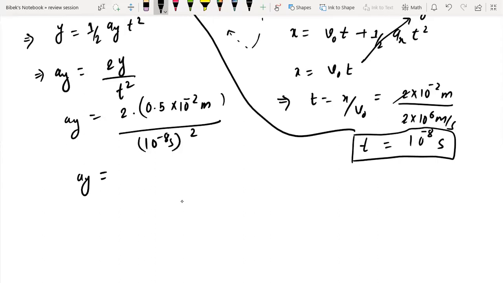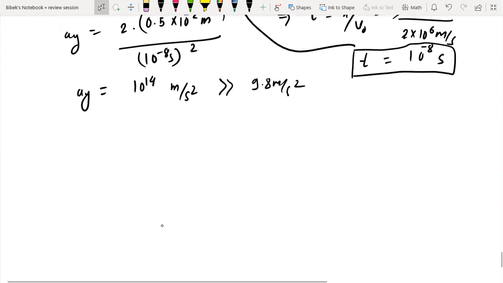So that's about 10 to the 14 meters per second square. It's a very high acceleration. See how much greater it is than the acceleration due to gravity, 9.8 meters per second square, right? So do you think gravity will have an effect on it? That's the last part of this problem.